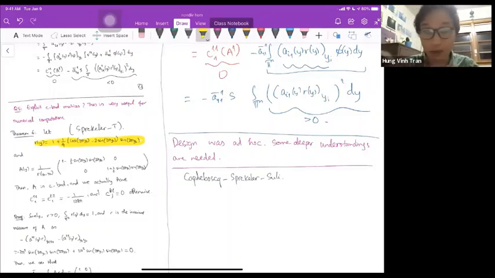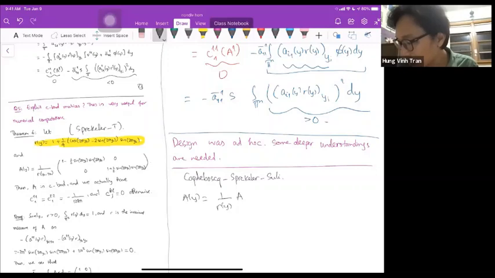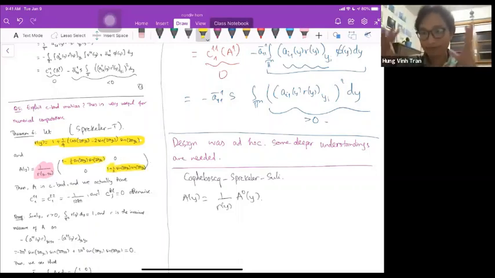It's not separated in Y1 or Y2. It's quite convoluted between Y1 and Y2. And then you define a matrix A. So A(y) here can be thought of as 1 over R(y) times A naught of y. Okay, so you normalize it by 1 over the invariant measure, and you define the matrix A(y) to be, you know, exactly diagonal. Okay, so if you design it this way, then A is C-bad.